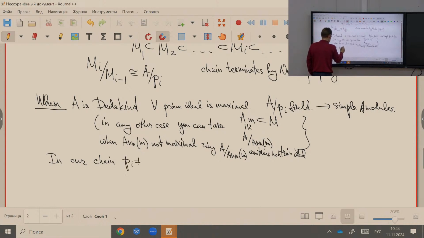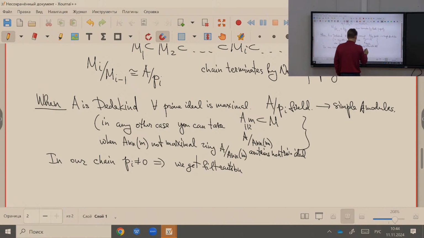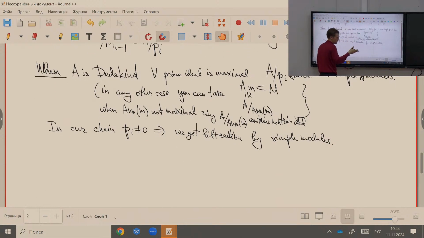And this means that we get a filtration by simple modules. And now this means that the generators of the K group in this setting, for torsion modules, are precisely the A mod P.